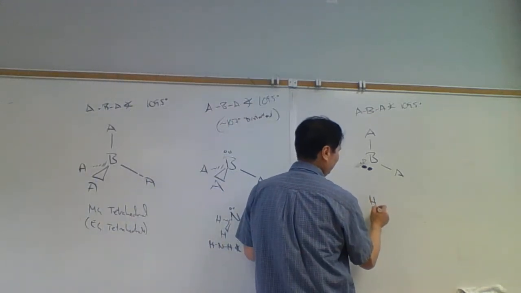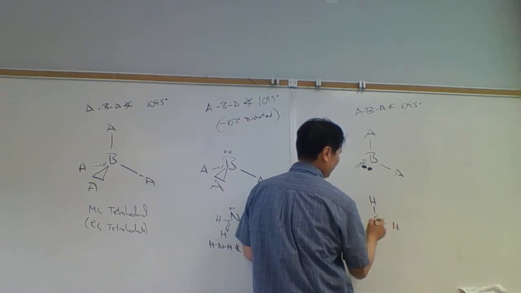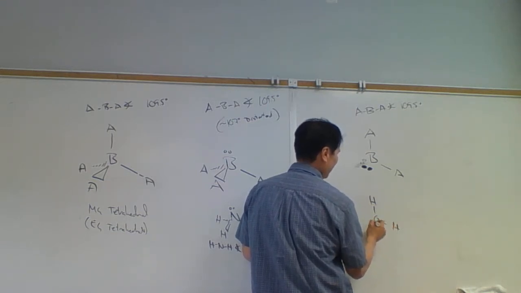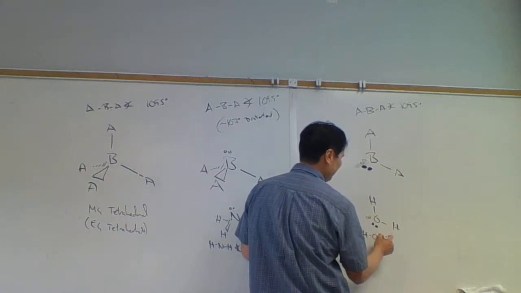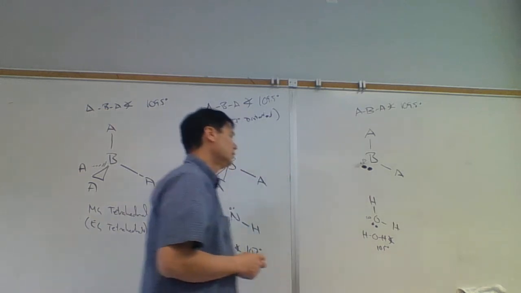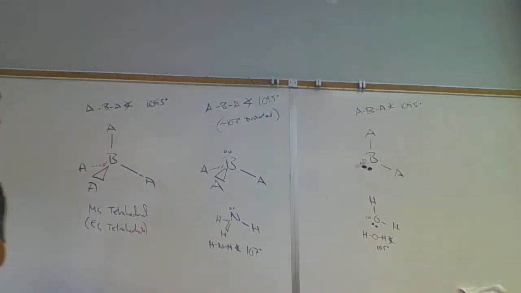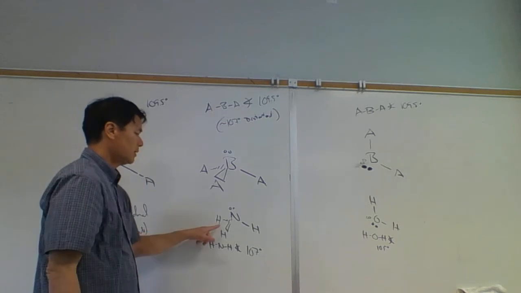For example, in water, do you know what the angle is? The HOH angle here is 105 degrees. And so it looks as if each lone pair distorts the angle by 2 degrees. That's what it looks like. Okay, what did we call this molecular geometry here?